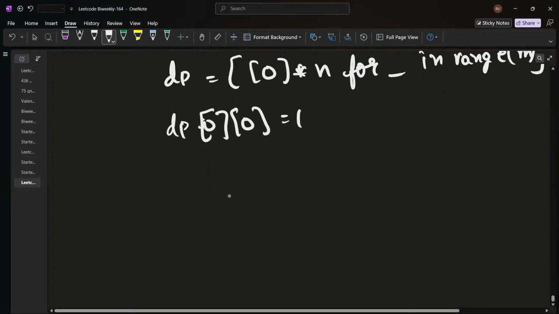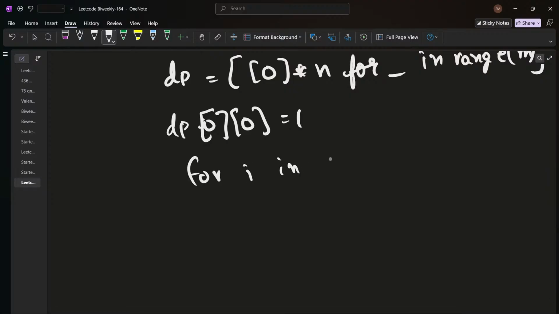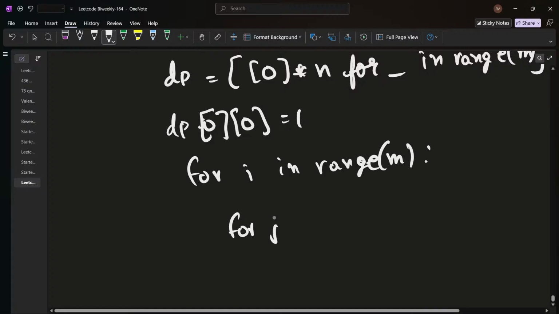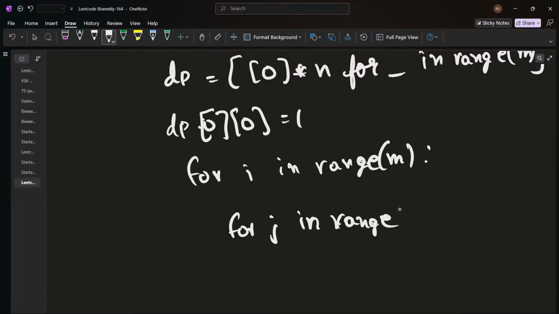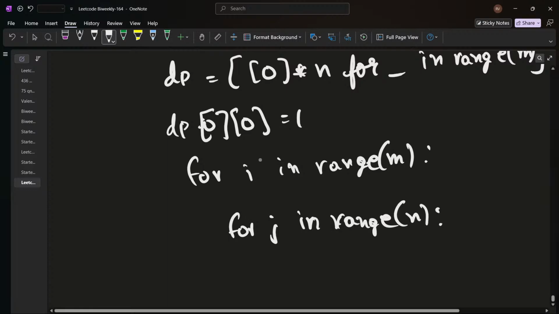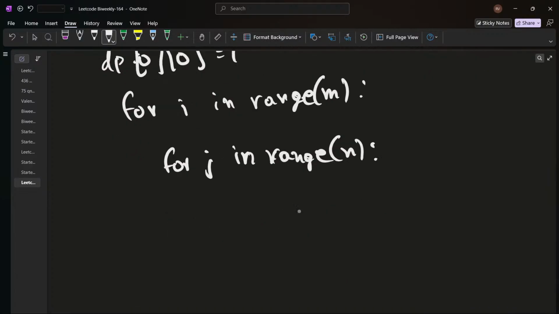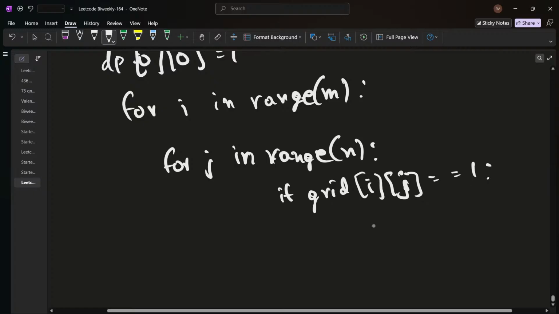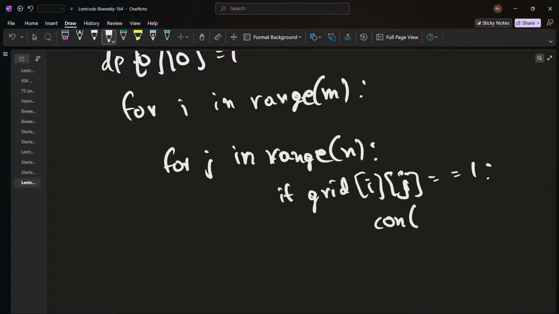Now I'll iterate over this dp basically. For i in range m, for j in range n. Next, what should I do? Checking grid condition. If grid ij is equal to 1, skipping the mirrors, I'll continue.